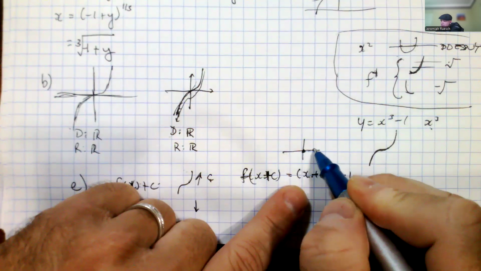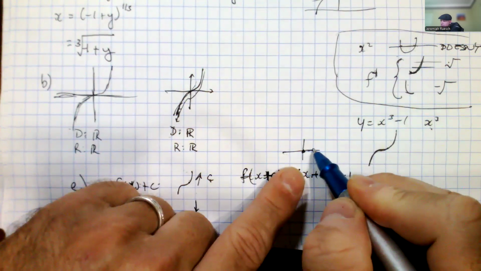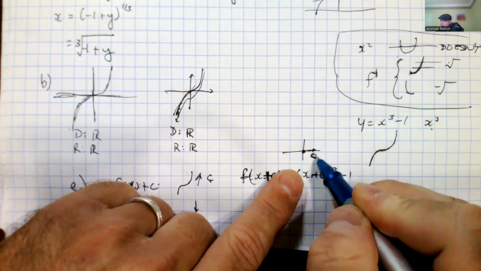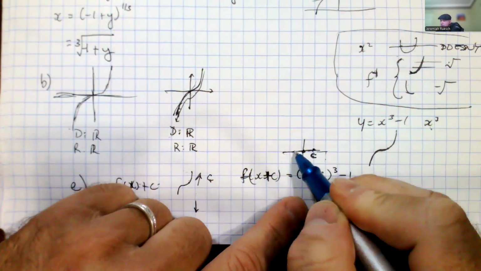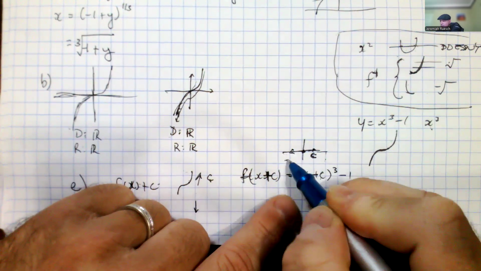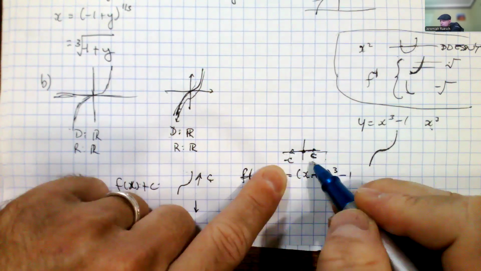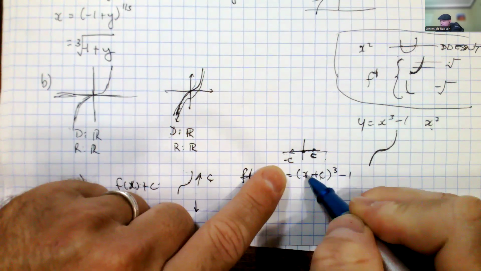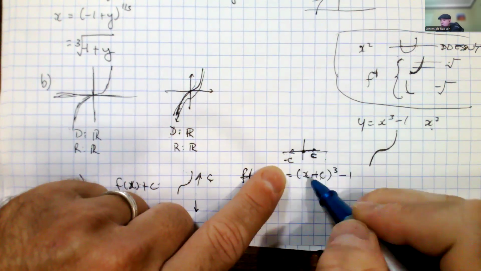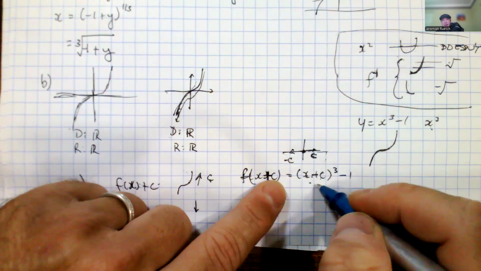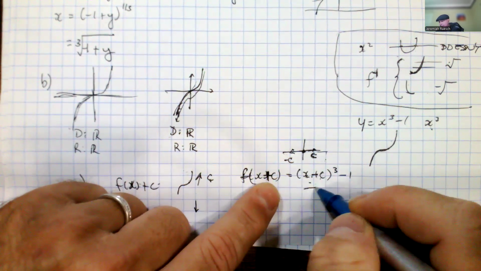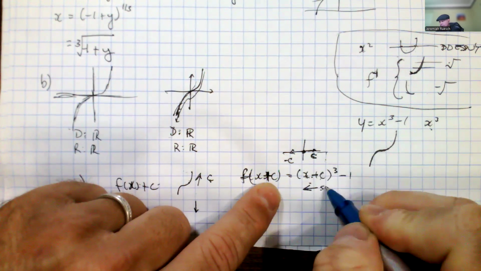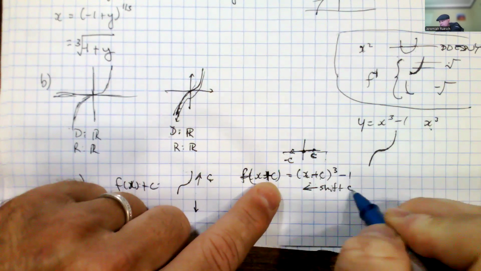It's not shifting it to the right, because if I went to the right, to a value of c here, then I'd add c to that. That would put me at 2c. So that can't be the case. It actually has to be a shift in the other direction. It's supposed to be a negative c, because then if I plug in negative c for x, negative c plus c would get me back to 0. So when I've added something to the argument of that function, it actually shifts it to the left. Okay, so this is a shift left c units.